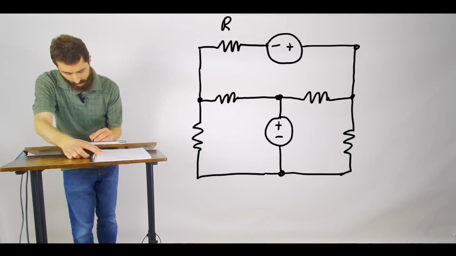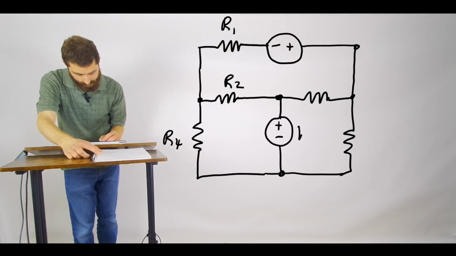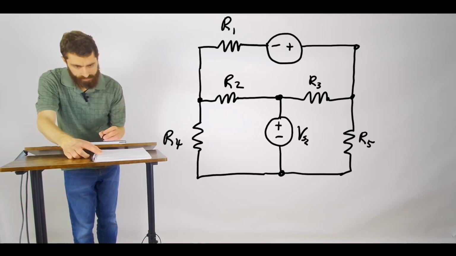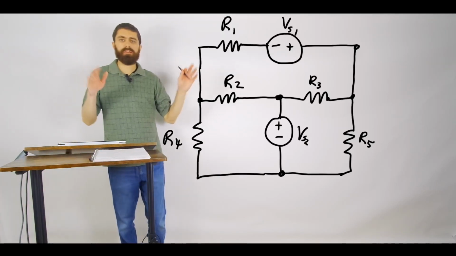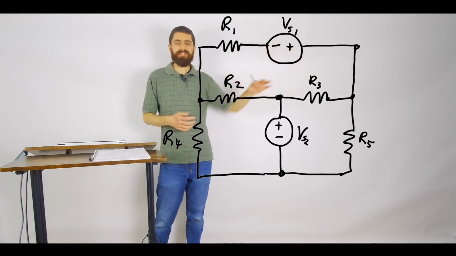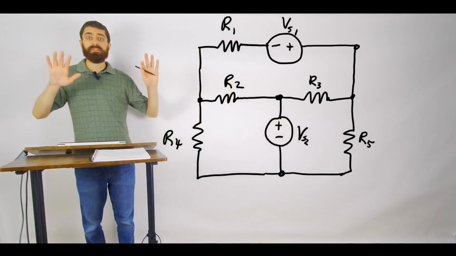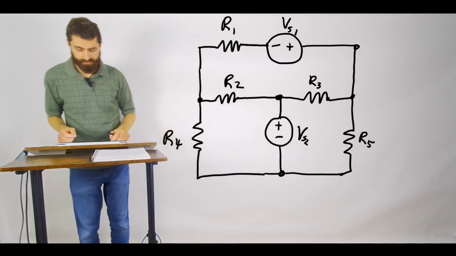We'll call this R1, R2, R4, VS2, R3, and R5, and this VS1. So notice this is a nice circuit with nice little windows. And so let's go ahead and use mesh analysis to solve for all the voltages and all the currents in the circuit.